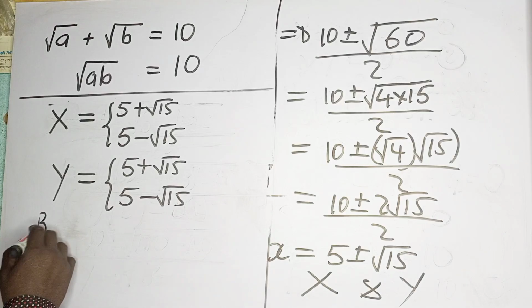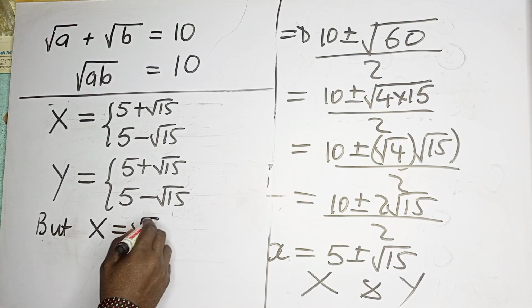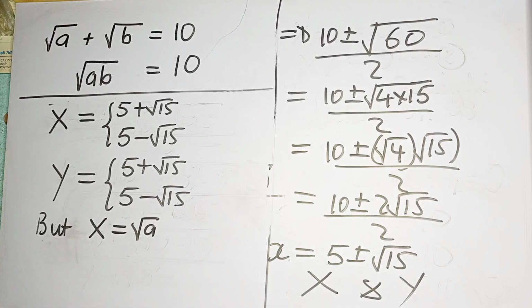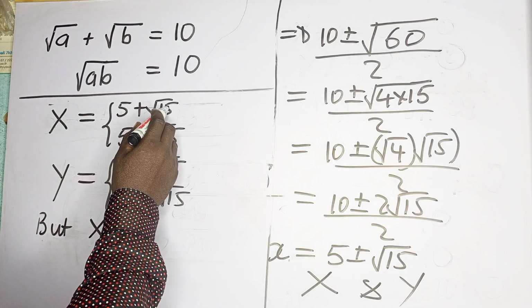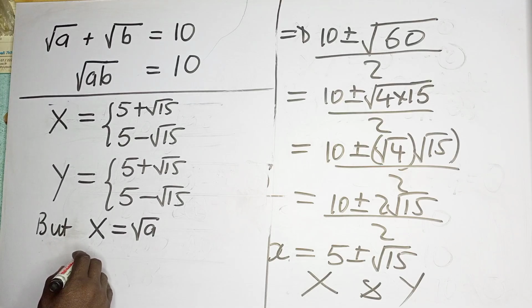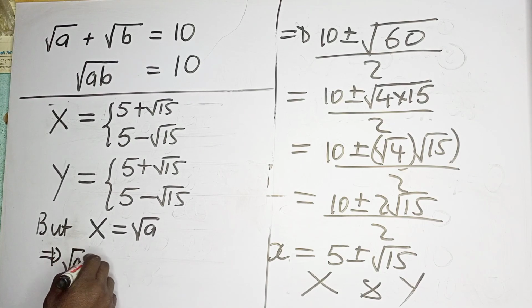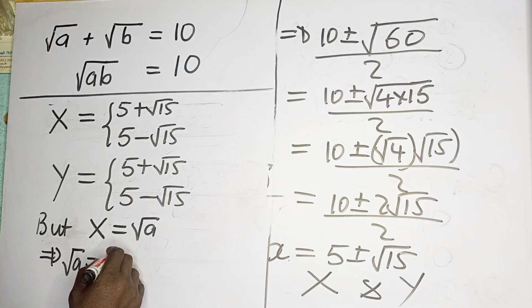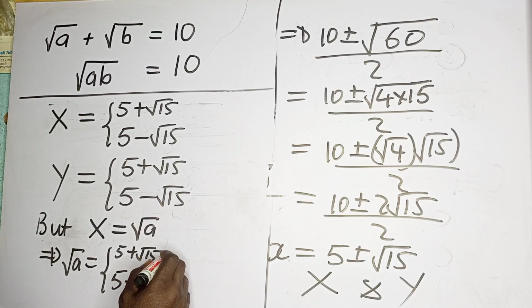We remember that capital X was the root of A. So when capital X is 5 plus root 15, we are saying that root A is either 5 plus root 15 or 5 minus root 15.